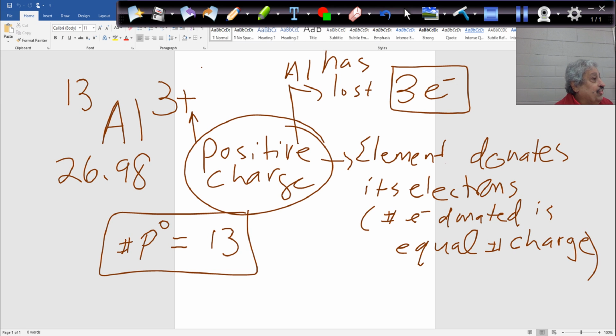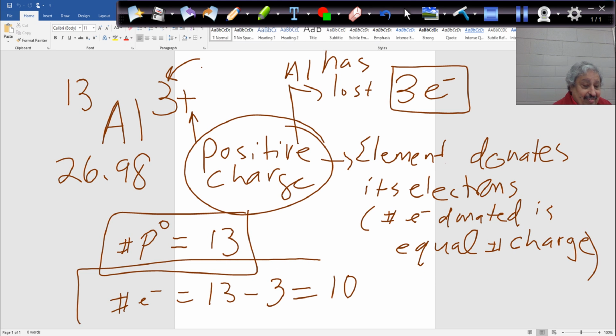When I say 3 plus, the plus means losing. How much? The number of the charge, 3. So the number of electrons now is 13 minus how much? 3. How much is that? 10.